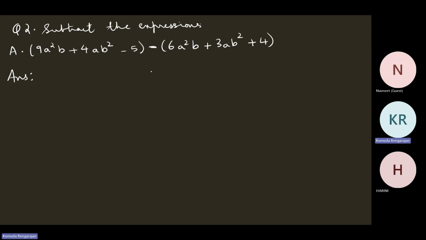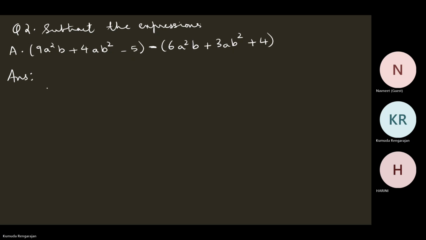But here the expression is ready. The first expression is in a bracket, the second expression is in a bracket, and they are connected by the minus sign. So you don't have to put the expressions in brackets and connect it with the minus sign because it is subtraction. It's already ready for you.